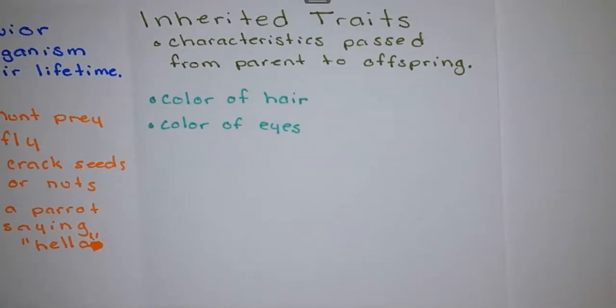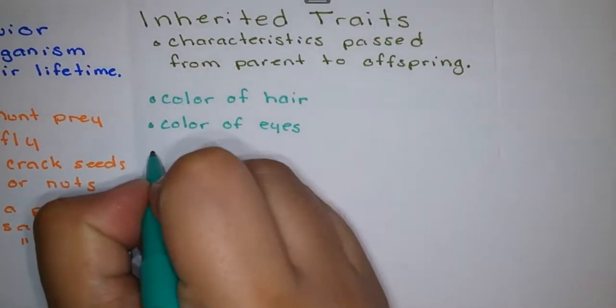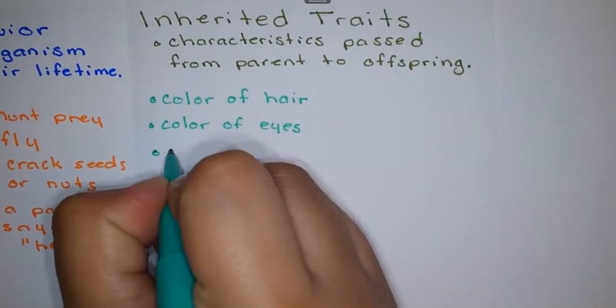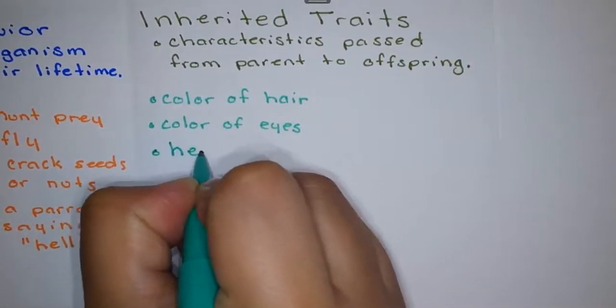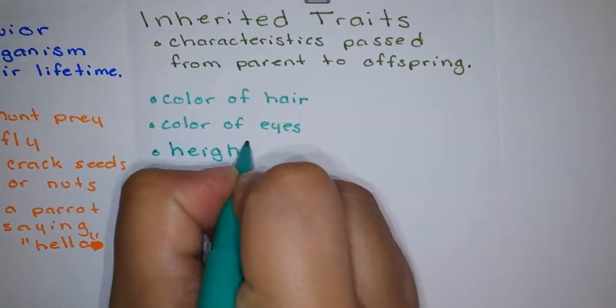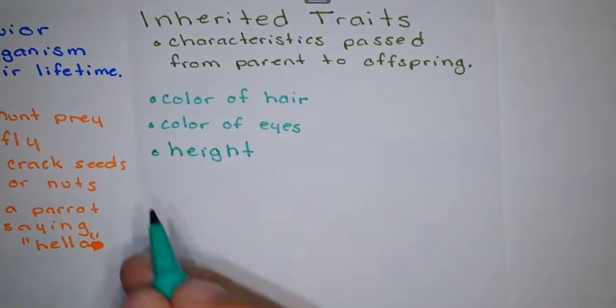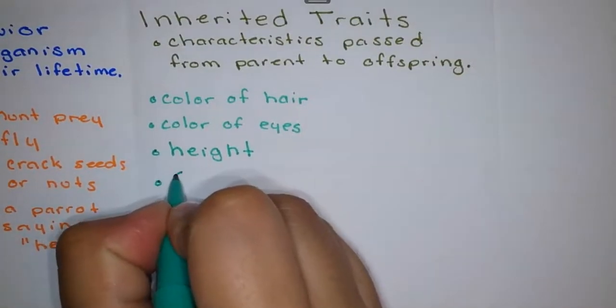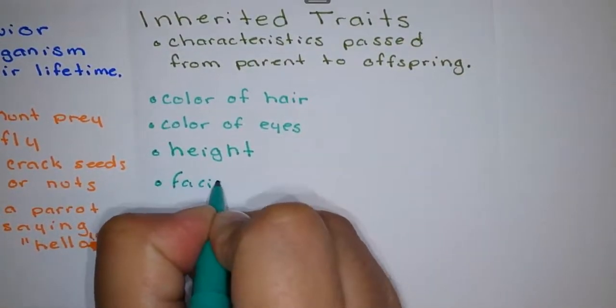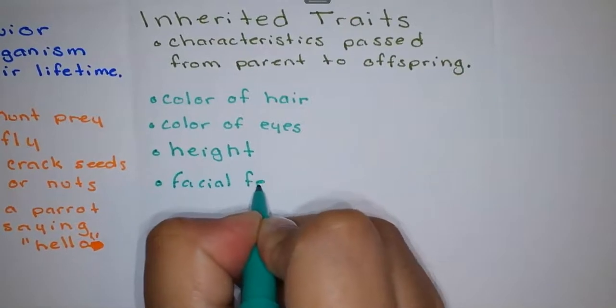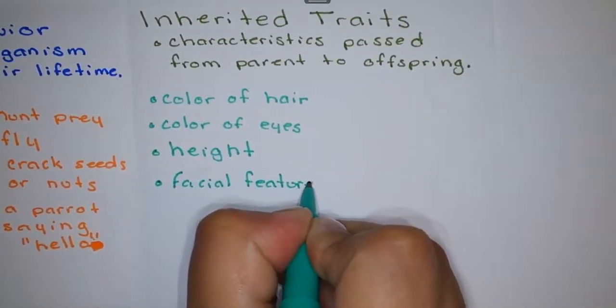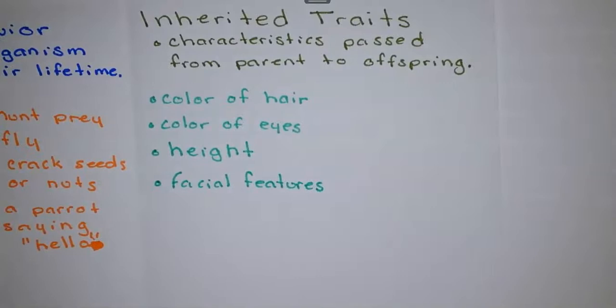Guys, whether we like it or not, our height, or how tall we are going to be, we inherit from our parents. And they inherited that from their parents, and so on and so forth. Our facial features. Okay.